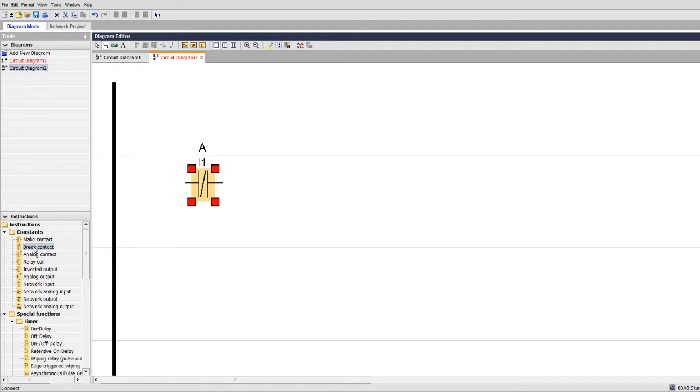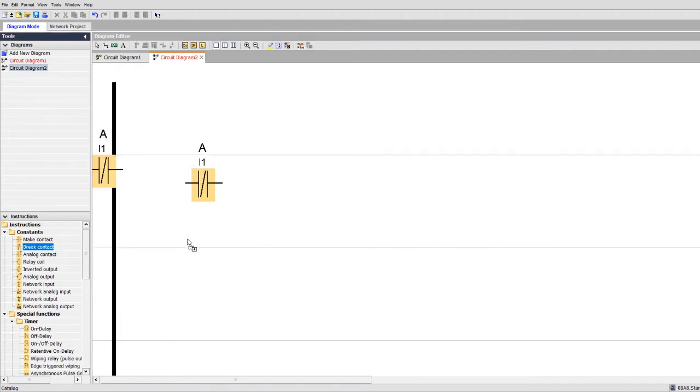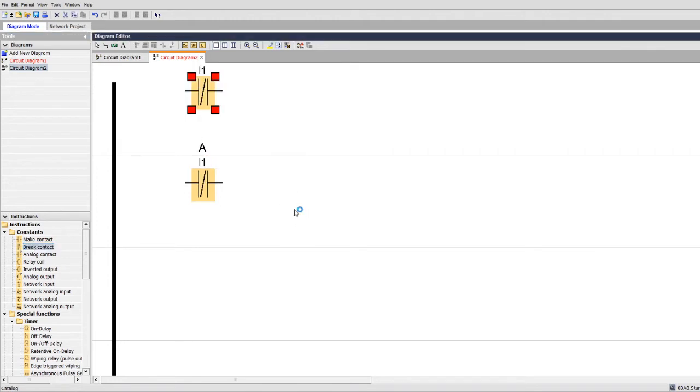And the second contact is B, and its input number is I2, and its value is B. So these are the two inputs.